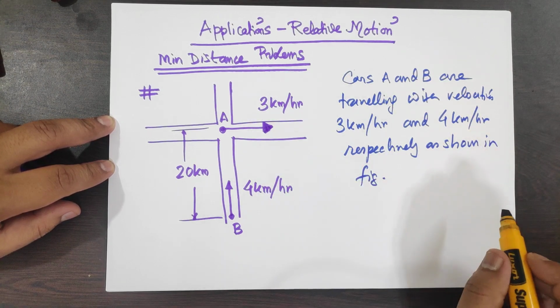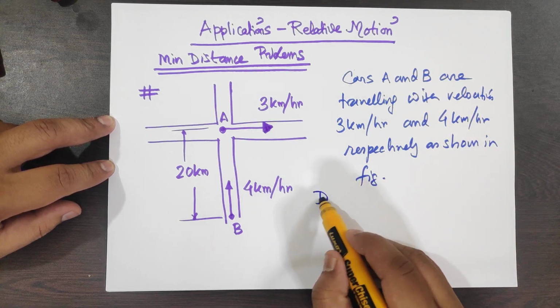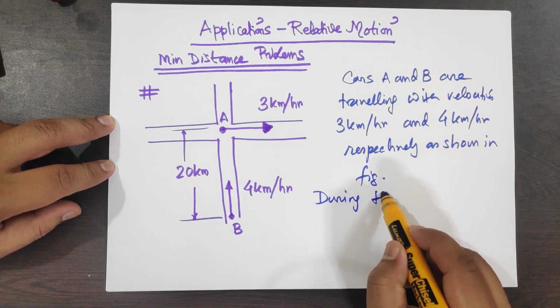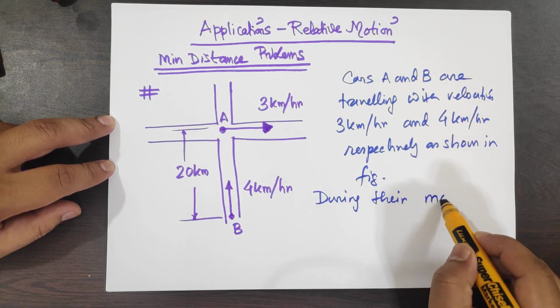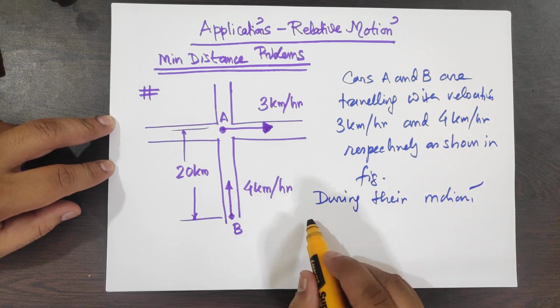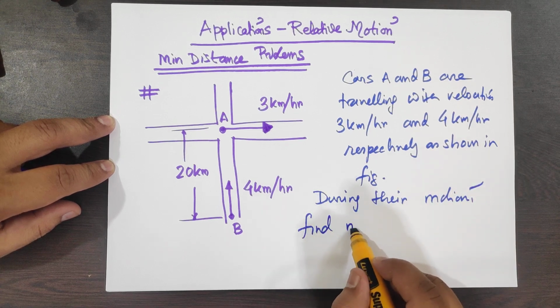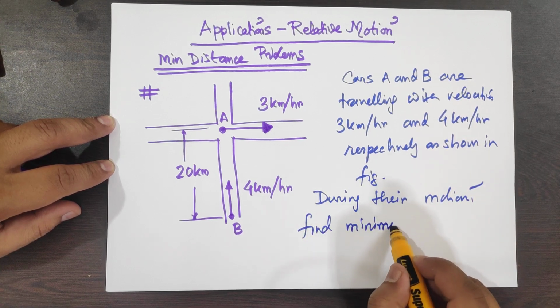This is at a certain moment. During their motion, find the minimum distance between A and B.